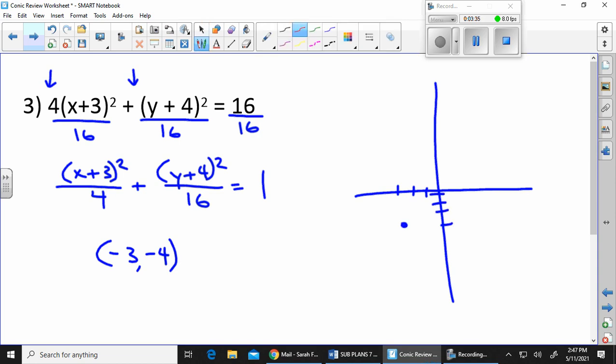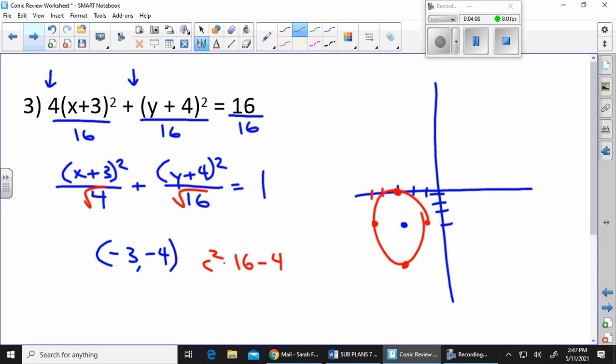Now when I think about my vertices and covertices, underneath the x is a 4. So I'm going to go x, left 2, right 2. Underneath the y is a 16. So I'm going to go up 4, down 4, which means it's longer up and down. I need my foci, which is the bigger number minus the smaller number, square rooted.